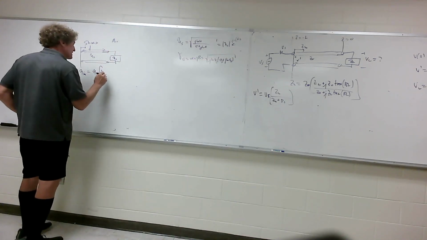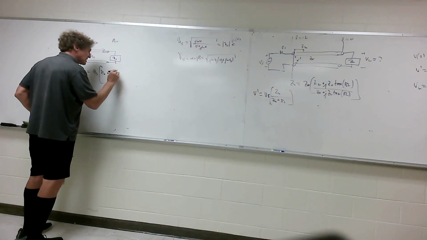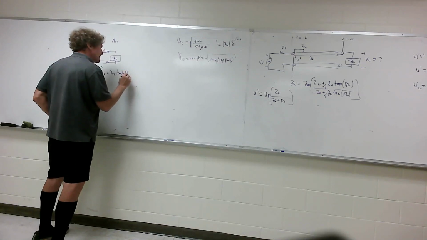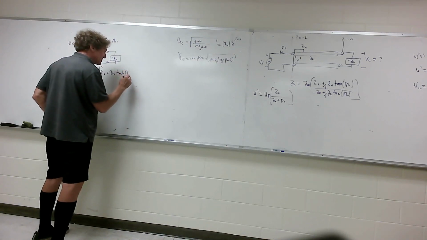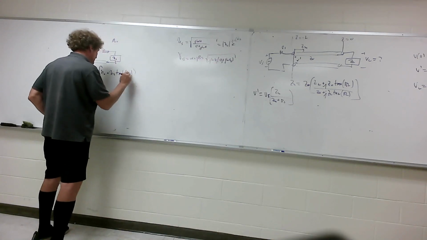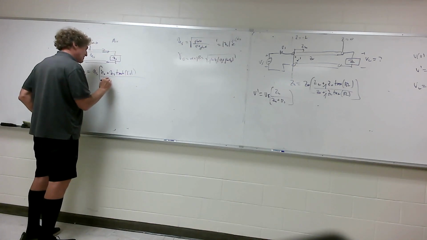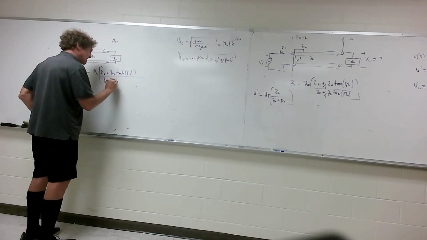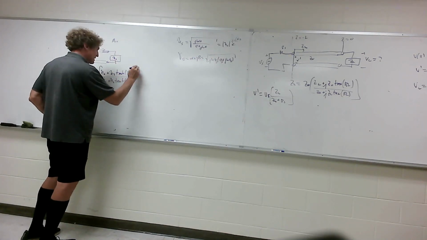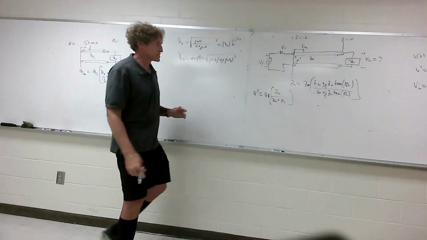But instead of a j there, because this is lossy, it's going to be plus eta of the shield times the hyperbolic tangent of gamma, which is the propagation constant, times the thickness of the shield, which is d, over eta of the shield plus eta naught times the hyperbolic tangent of gamma d. And that would be the input impedance right here, likened to this input impedance here.